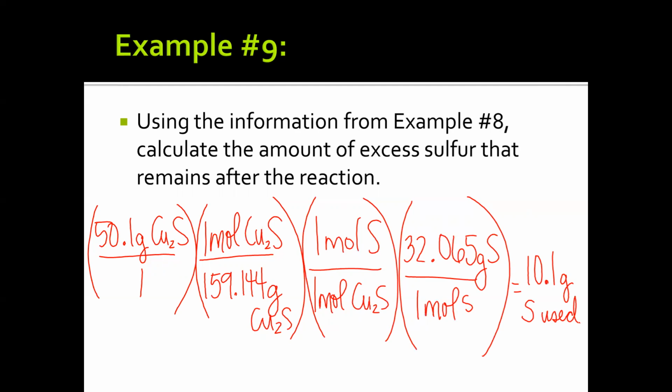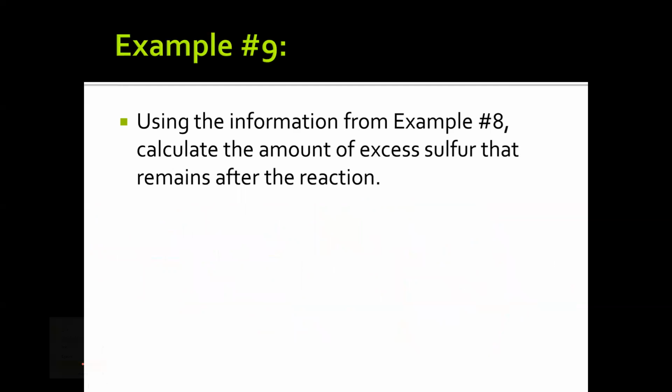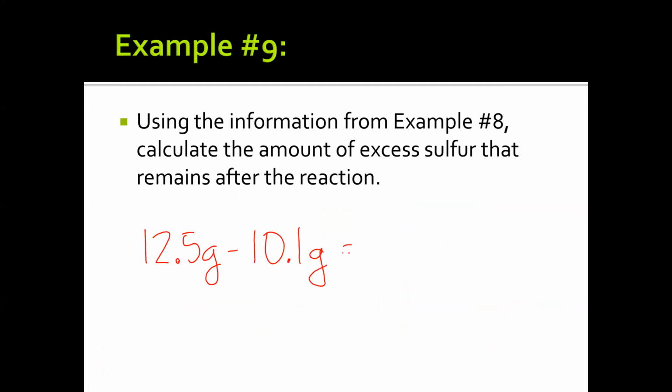Okay, so that's not our final answer yet. We want to know how much is left over, what remains, but this is getting us there. So we figured out how much was used. So now to find out how much is left, we have to subtract this 10.1 from the original amount of sulfur for the reaction. And the original amount of sulfur was 12.5 grams. So if we take 12.5 minus 10.1, that is 2.4.